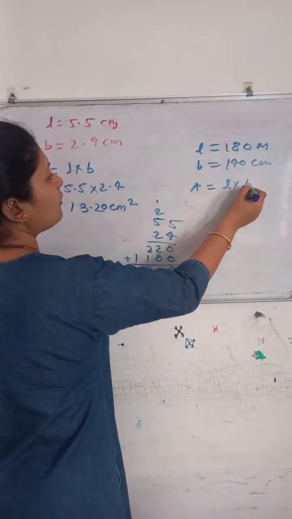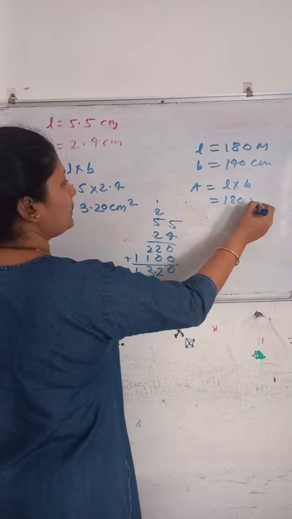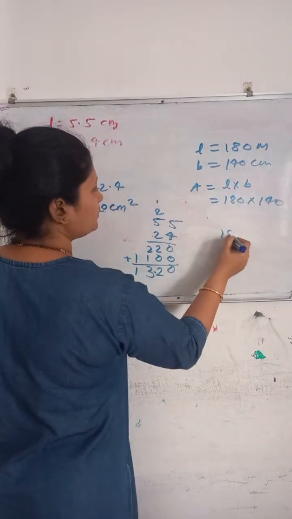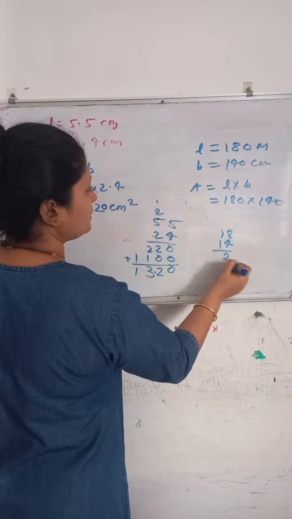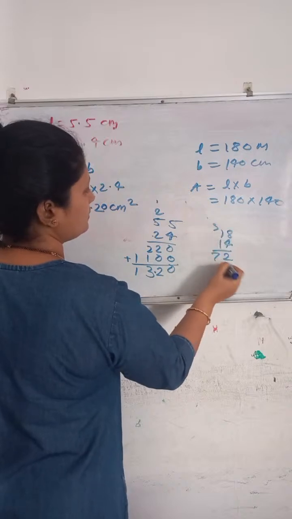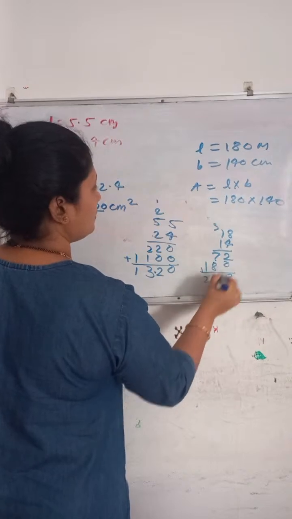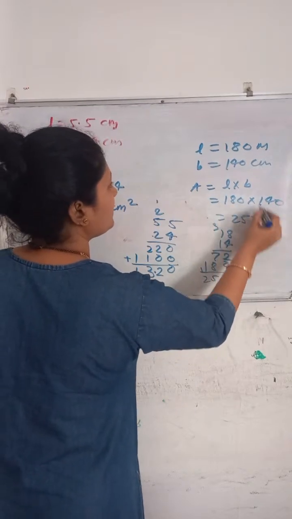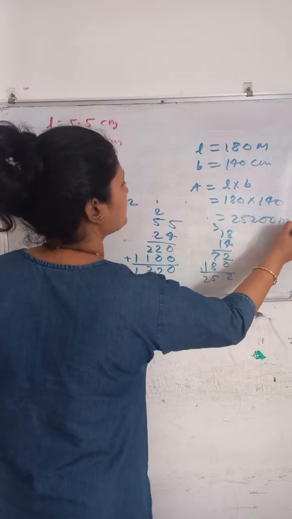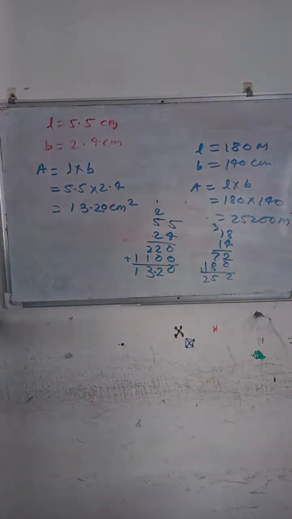Again write down the formula, L into B, 180 into 140, so 18 into 14, 252, and these two zeros are there, so meter square. This much is the area we are getting. Okay, understood? Okay, getting this.